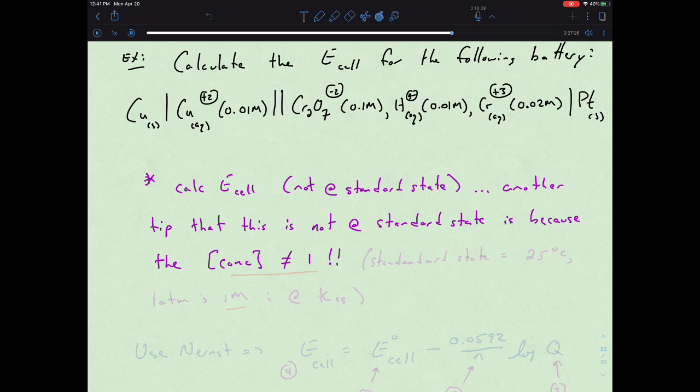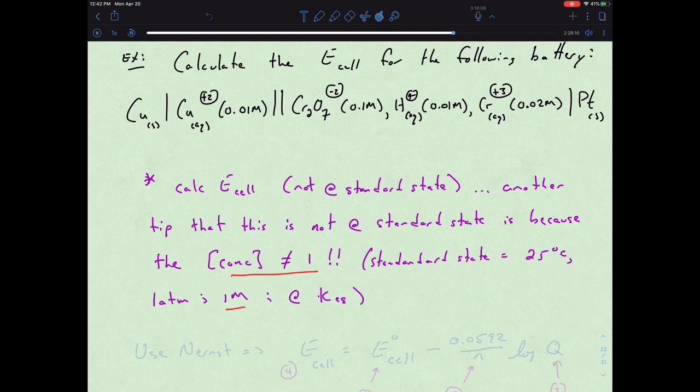Just as a reminder, standard state is equal to 25 degrees Celsius, 1 atmosphere, 1 molar, and that's what we're talking about here. And then also our equilibrium constant. So they're telling us that we're not at standard state anyways, just from the original question. But that's just another tip to realize that we're not at standard state because of those concentrations.